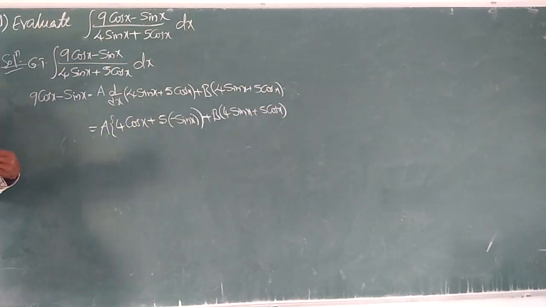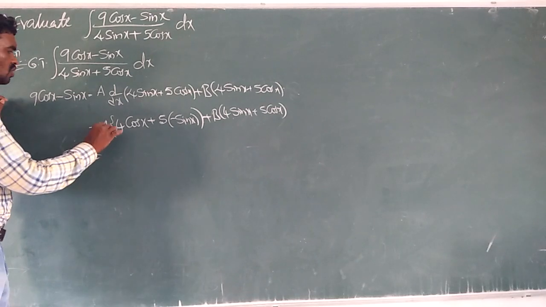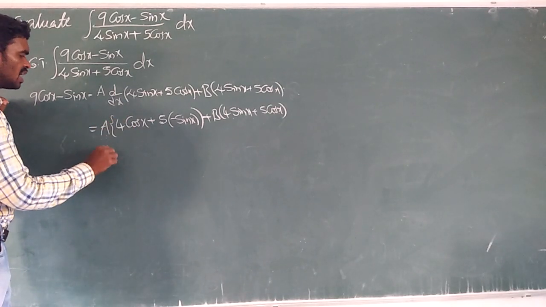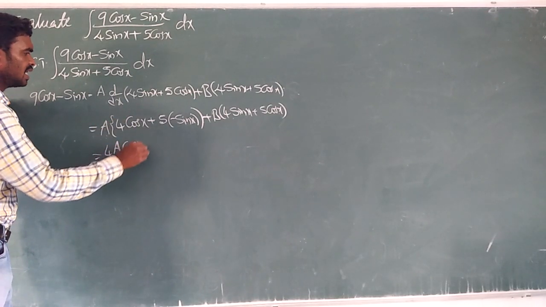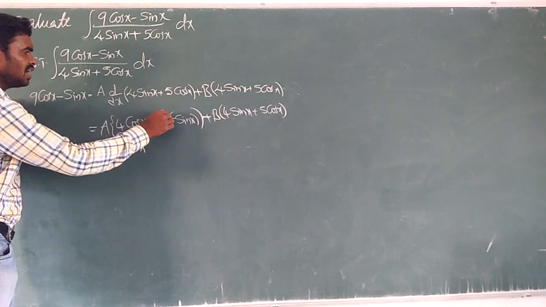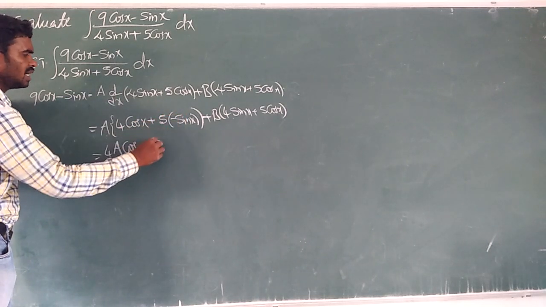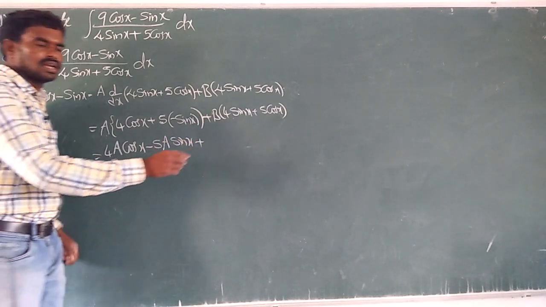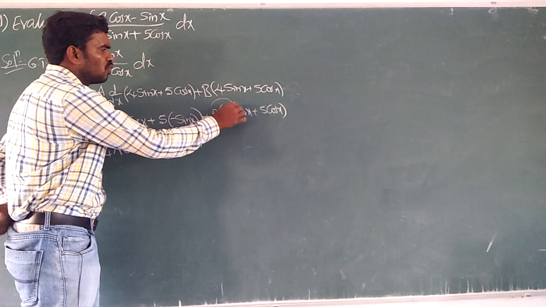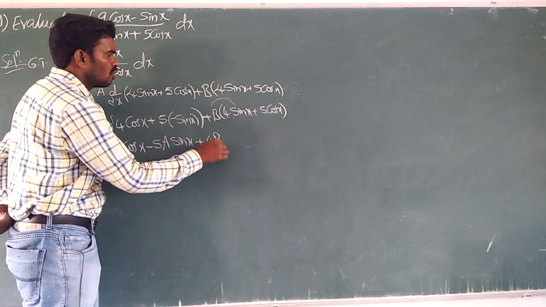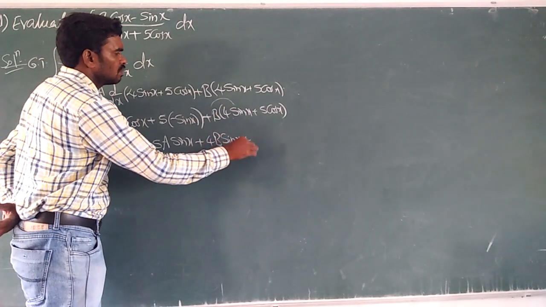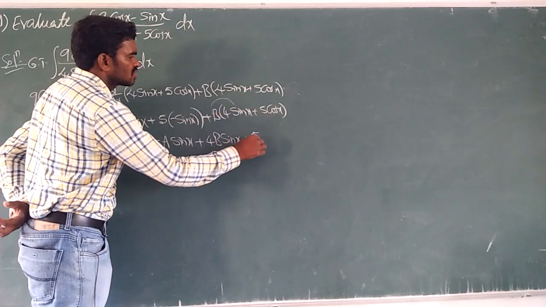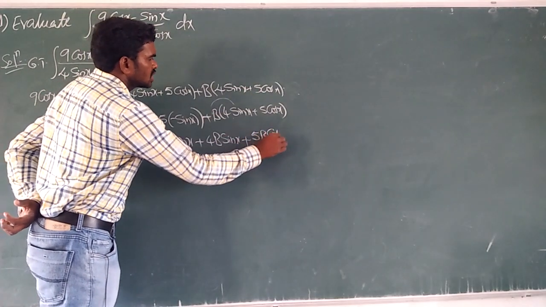We have to find the a and b values. So a into 4 is 4a cos x, a into 5 into minus sin x is minus 5a sin x, plus b into 4 sin x is 4b sin x, plus b into 5 cos x is 5b cos x.